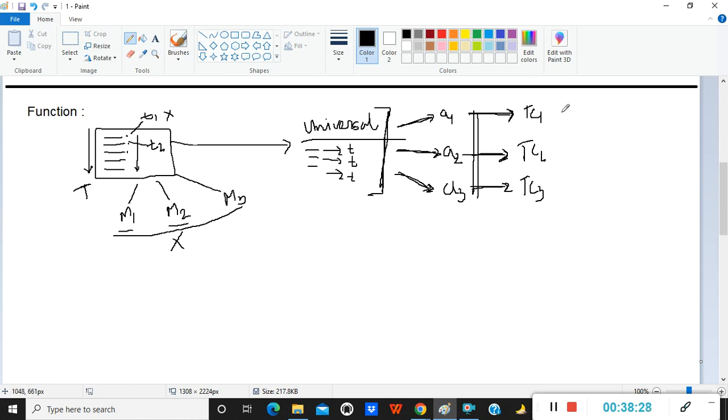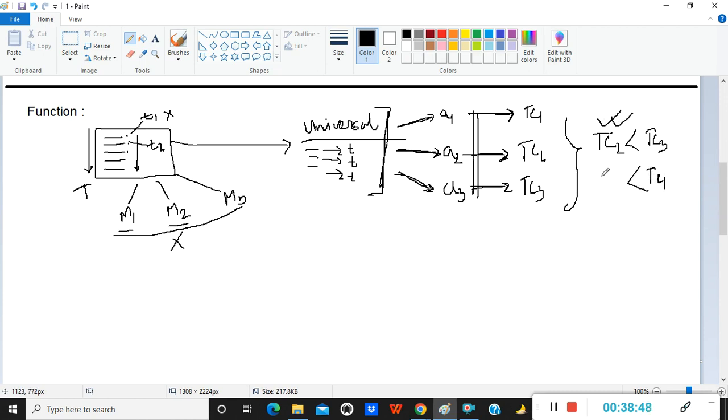After that, say we find that TC2 is less than TC3 and less than TC1. Then we will select it.